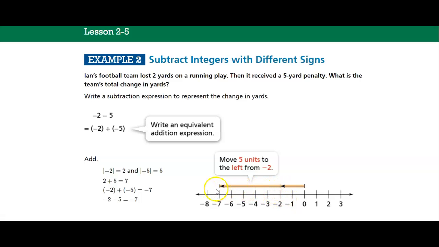And that stops at -7. So -2 plus -5 is equal to -7, because the absolute value of -2 is 2, the absolute value of -5 is 5, and then -2 plus -5 equals -7. So we had to add the negative back in, so we had the answer.